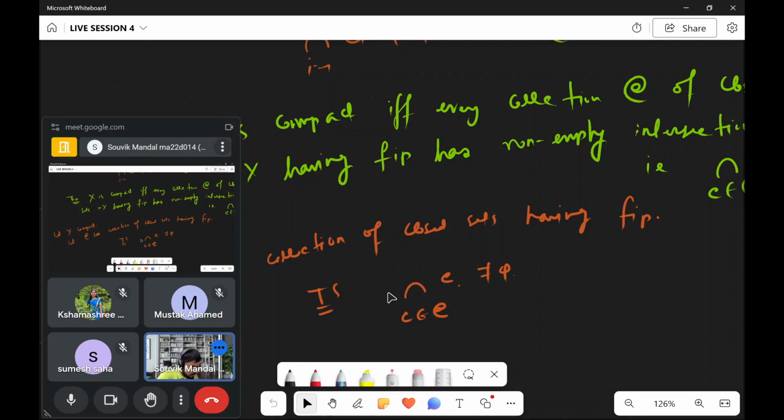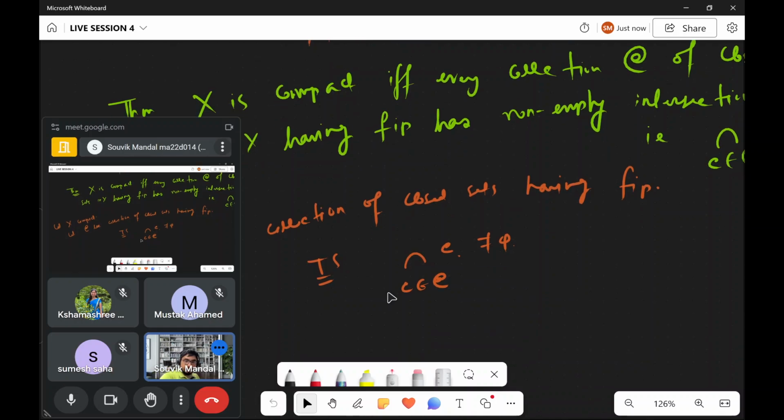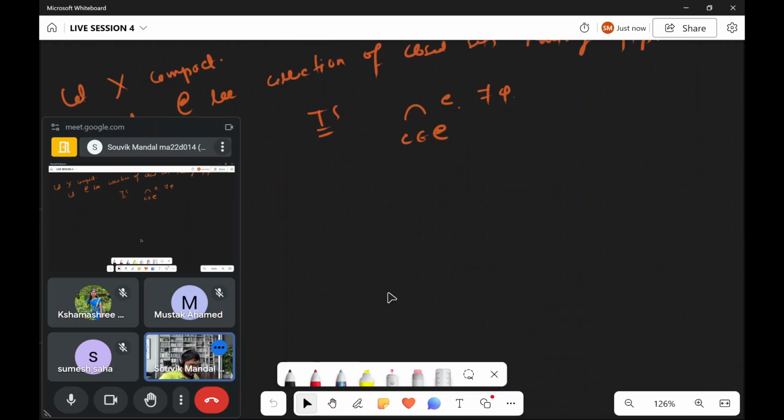So what we need to show is the following. So now one can use the contradiction method.